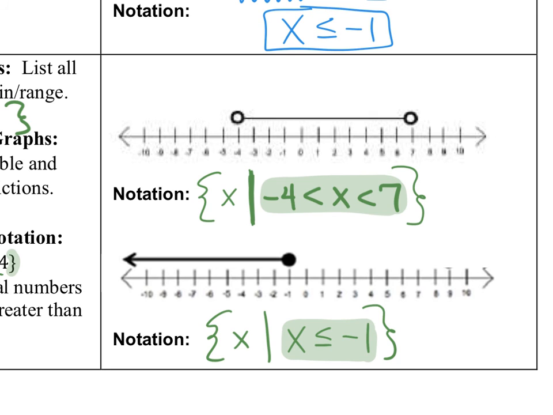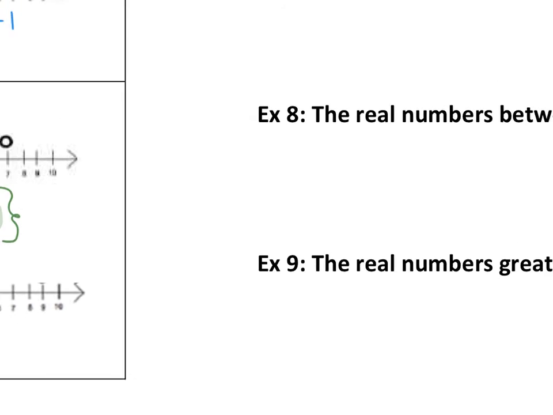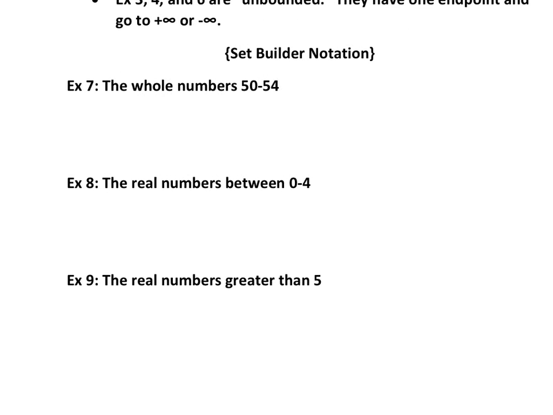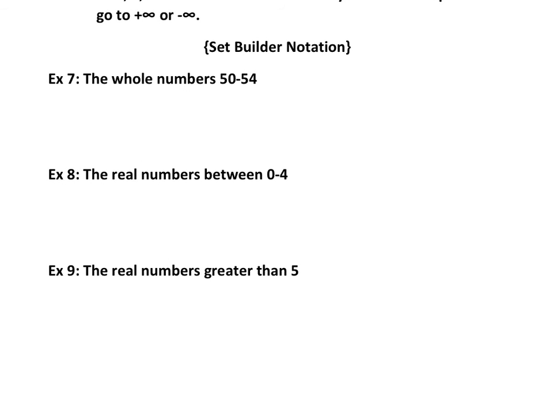So if we do a few examples of that on the other page, we have 3 examples left. Make set builder notation for the whole numbers from 50 to 54. One second, we need to remember what whole numbers are. Flip your paper over. What are whole numbers? The counting numbers and 0.